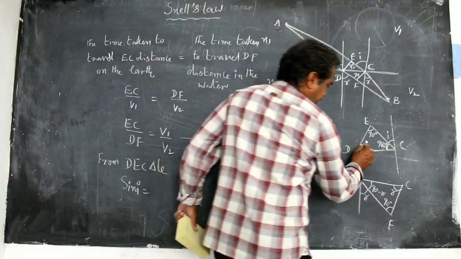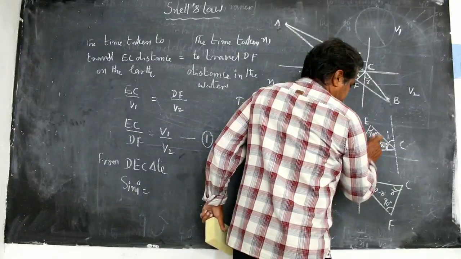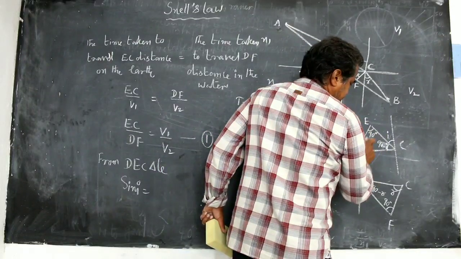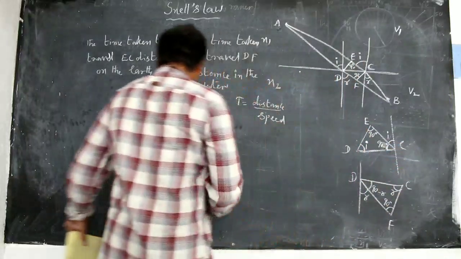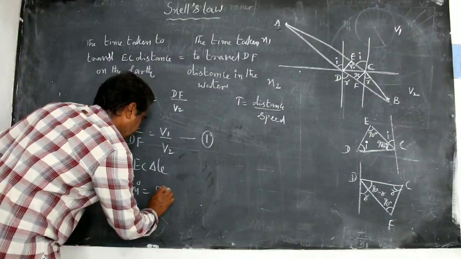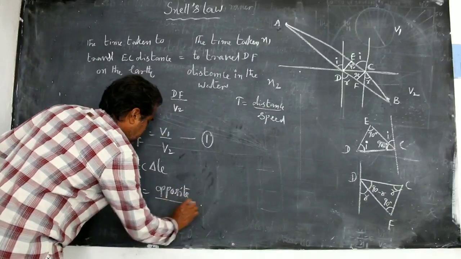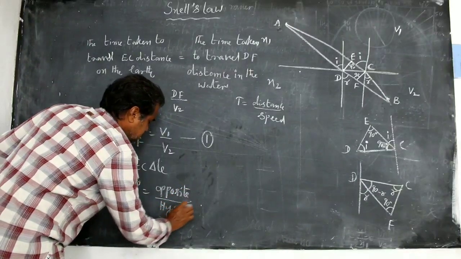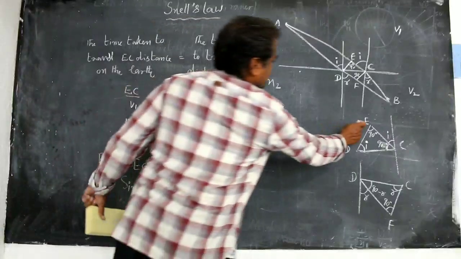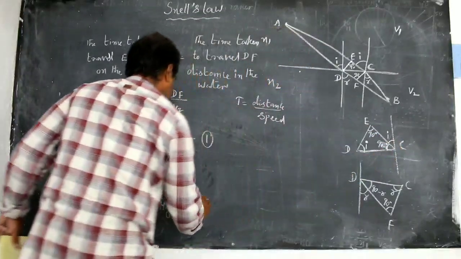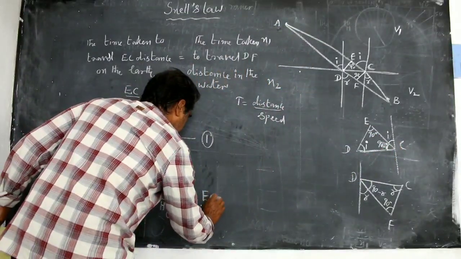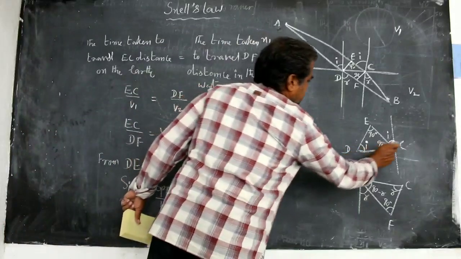Here this is the angle. Which side is opposite to this angle? EC. So sin I is equal to EC by DC.